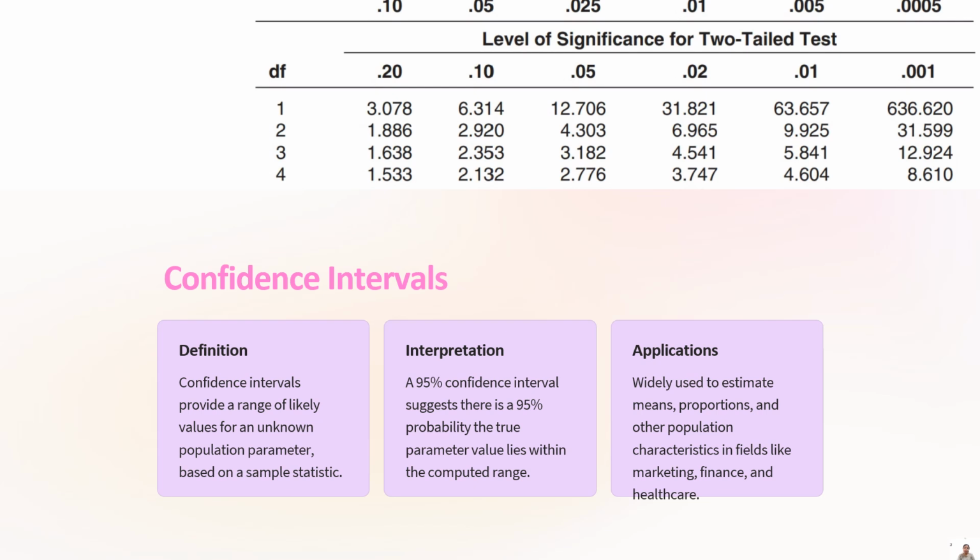Applications: they are widely used to estimate means, population proportions, and other population characteristics in fields like marketing, finance, and healthcare. So confidence intervals can be used in finance and healthcare and also in marketing.